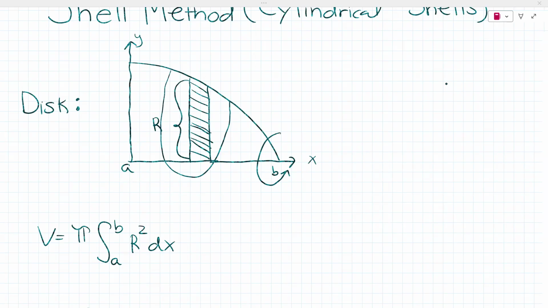Another key note for the disk and washer methods: you revolve a rectangular slice that is perpendicular to the axis of revolution, and it generates this ring or disk. Let me write that down.